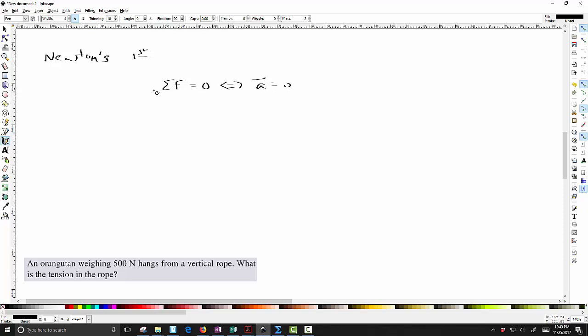And notice that this is net force, so it's the total force, not individual forces, because we can still have forces acting. It's just that if we add them all up, they all zero out or cancel. So if the acceleration is zero, that implies that the velocity is constant.